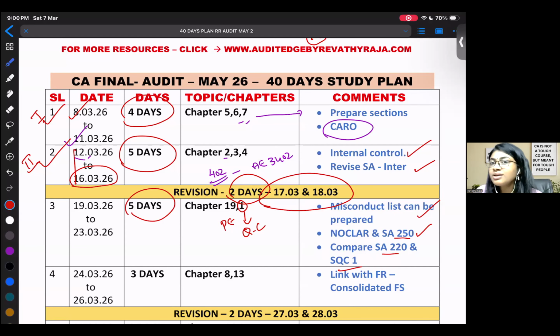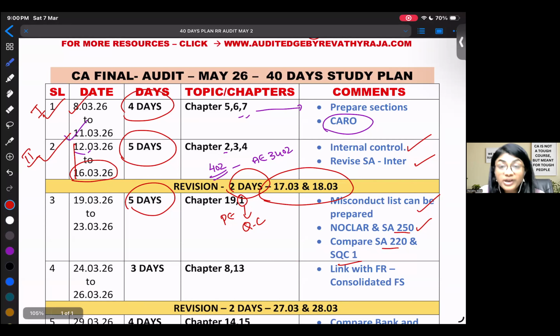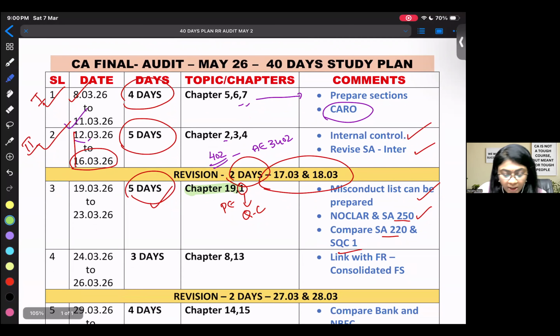So when you get a question in the exam, you should be able to identify whether it is SQC or SA 220. So I've allotted 5 full days because of this main chapter, chapter 19, professional ethics. It's a high weighted chapter, around 20 marks. So do it properly. After that, it's like 24th of March.